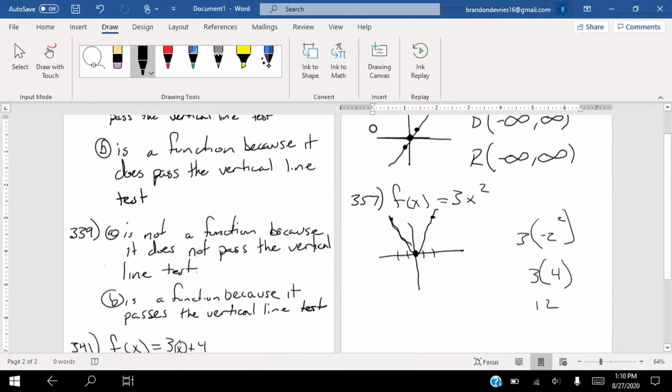And since we plugged in 0 for the first one, 0 squared is 0, and then 3 times 0 is 0. So that's why we started right in the middle here. So it'd be 0, 0.